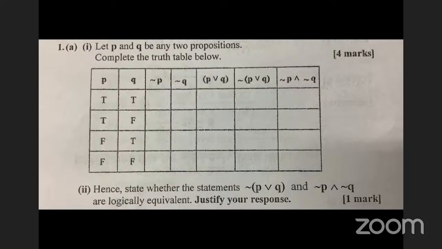Right, let's start with the negation of P: false, true, false, true. Okay? And then we want P or Q, so that'll be true, true, true, false. And now we're going to negate all of that: false, false, false, true. Right? How are we getting this now?